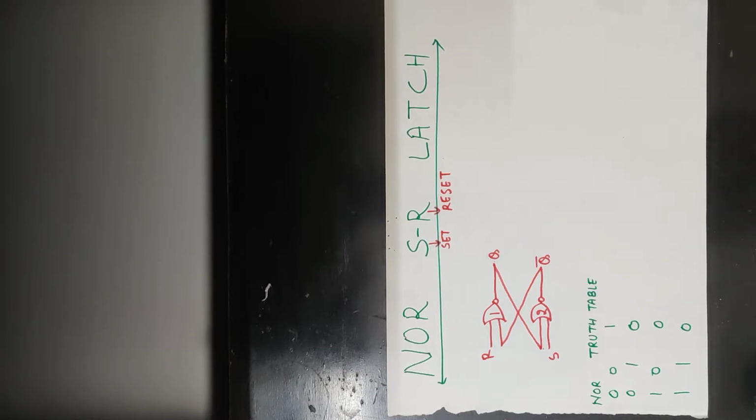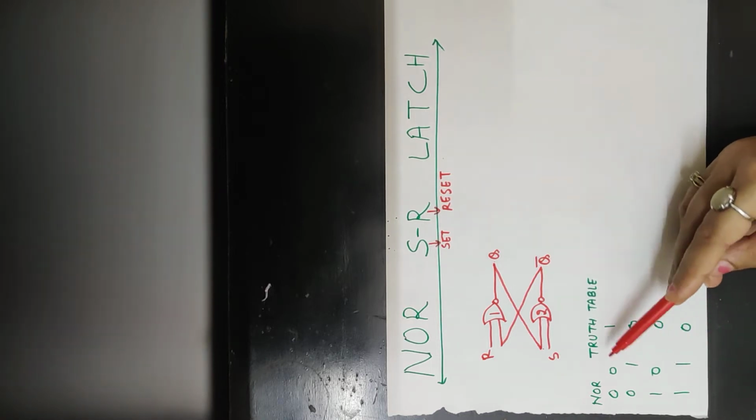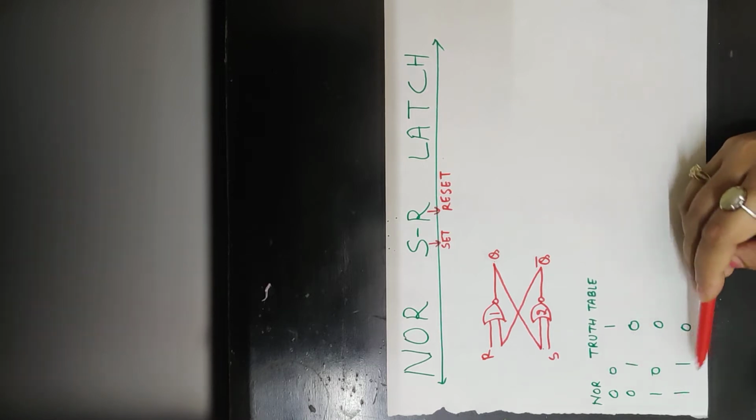So before understanding the working of this latch, first we have to see the truth table of the NOR gate. As we know, for the two inputs there are four possible combinations: 0 0, 0 1, 1 0, 1 1.